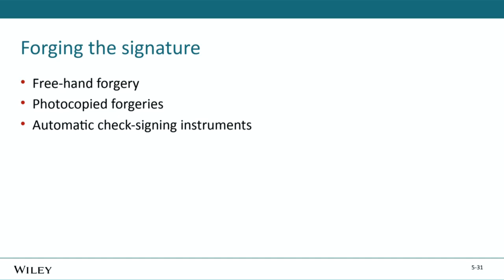Automatic check signing instruments. Okay. A company that's issuing a lot of checks, the big boss doesn't want to sign 400 checks a day. So you have automated equipment that can do it.